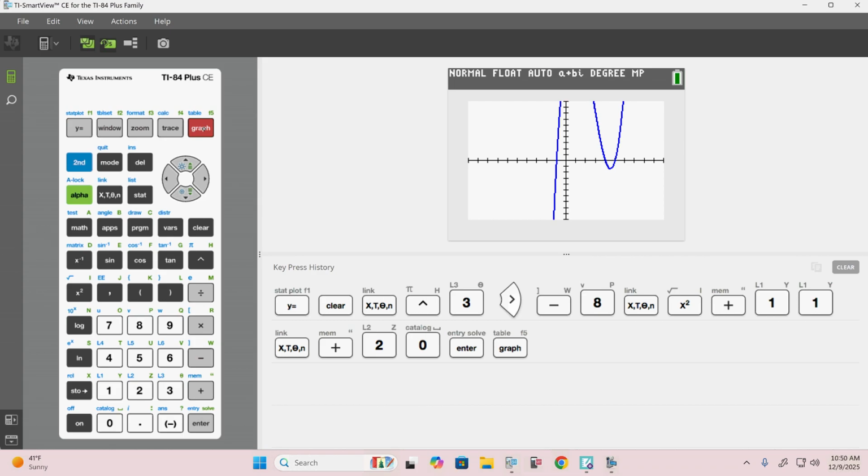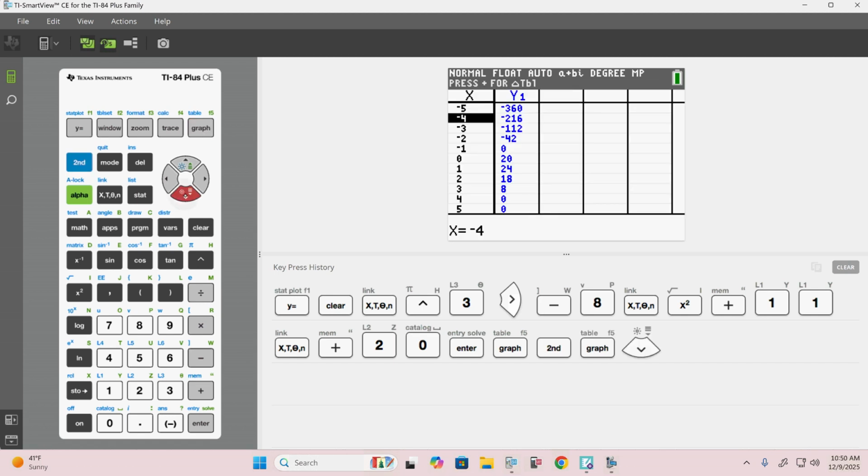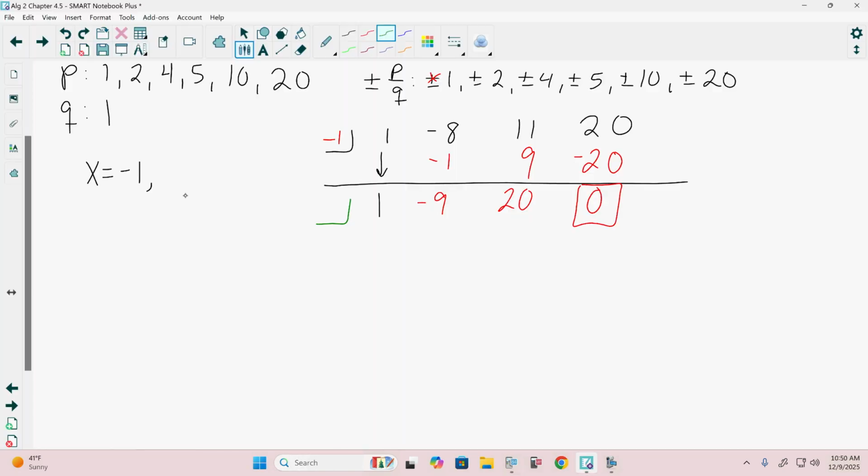And if I graph it, when it crosses the x-axis, that's the value of x that will make the y value be 0, make the equation equal 0. As we can see here, negative 1 is a solution. It does make the function equal 0. Another one we have is 4, and we have one more at 5.